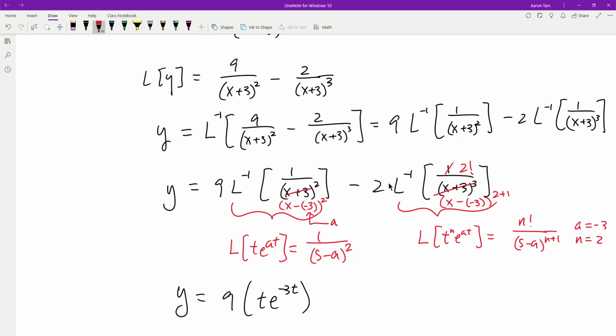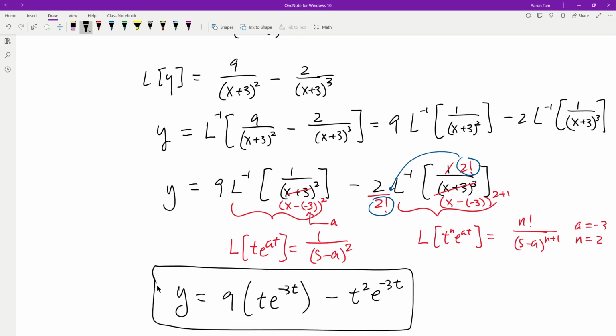How do I balance it? By dividing by 2 factorial on the outside, so it also goes outside on the bottom. So we balance out my expression. And what happened to 2 over 2 factorial? It becomes 1, so it becomes just -1. Now this expression totally fits into our formula. That means I should have t squared e to the -3t as our answer.